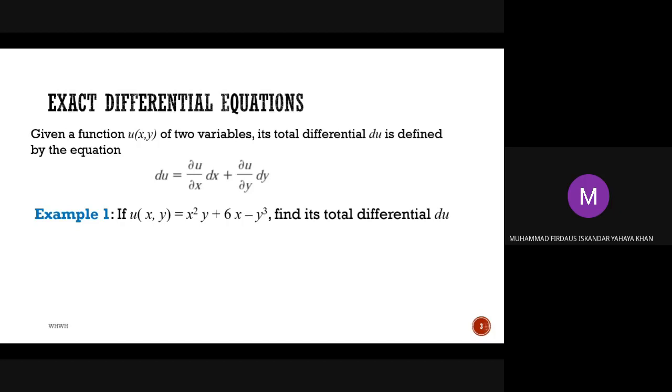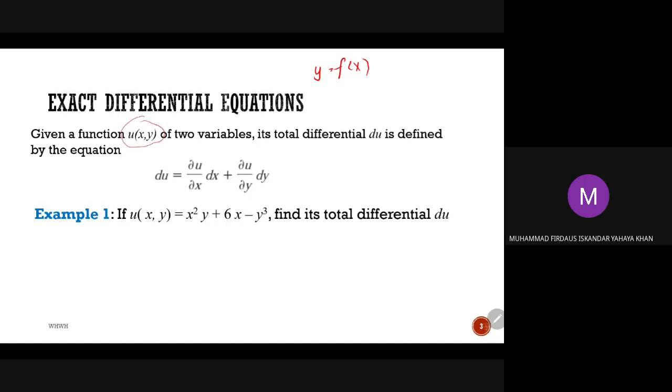Sebelum ni kita ada differential equation where bila kita solve, kita dapat y equals to f(x), right? On your right hand side semuanya dalam bentuk x. Walaupun you dapat your answer sebelum ni ada y square plus 1 macam tadi kan, equals to something on your right hand side in terms of x, but you work out until you get y equals to something in terms of x. But for this exact differential equation, we have two variables, u(x, y).